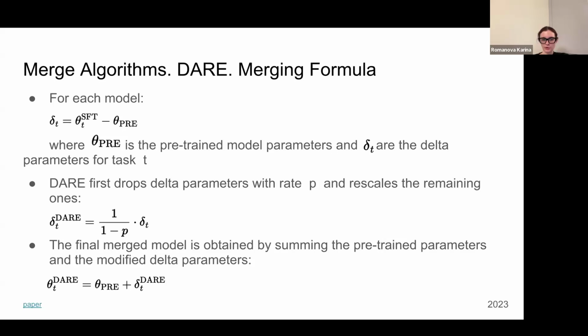Looks a little bit like dropout. This rescaling ensures that the expected value of the model's outputs remains consistent with the fine-tuned models. And on the final step, merging, the adjusted delta parameters are then added to the pre-trained model's parameters to form the merged model.